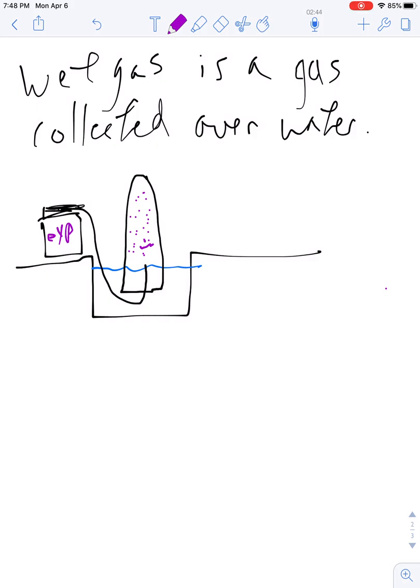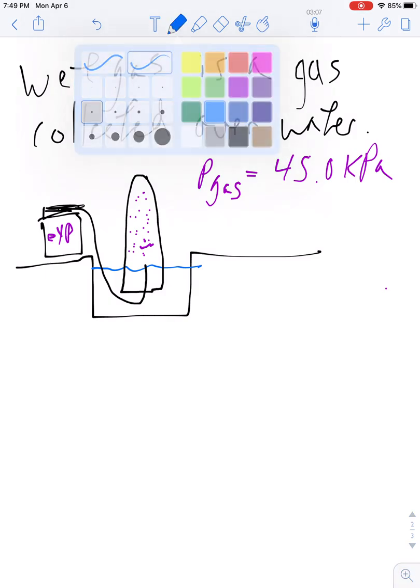And we would have done this if we had been in school. So my gas is going to exert some pressure. And let's just say the pressure of the gas is, I don't know, 45 kPa, all right? Well, there's another gas in there that you may not have realized, and that is water.